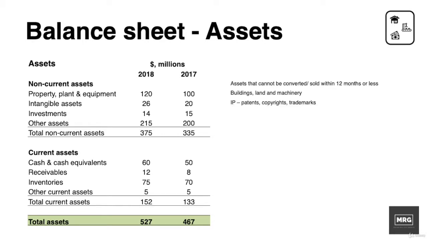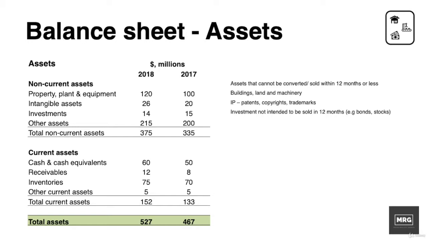You have intangible assets, mainly intellectual properties like patents, copyrights, or trademarks. So for instance, the patent of an iPhone, the brand of Disney, these are intangible assets that have a value.